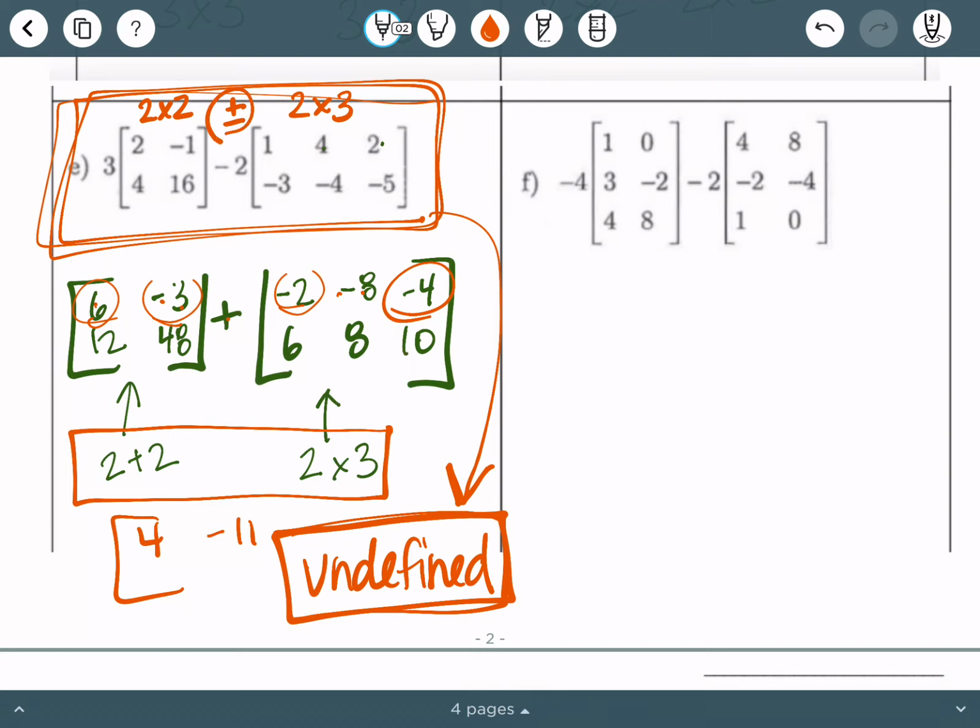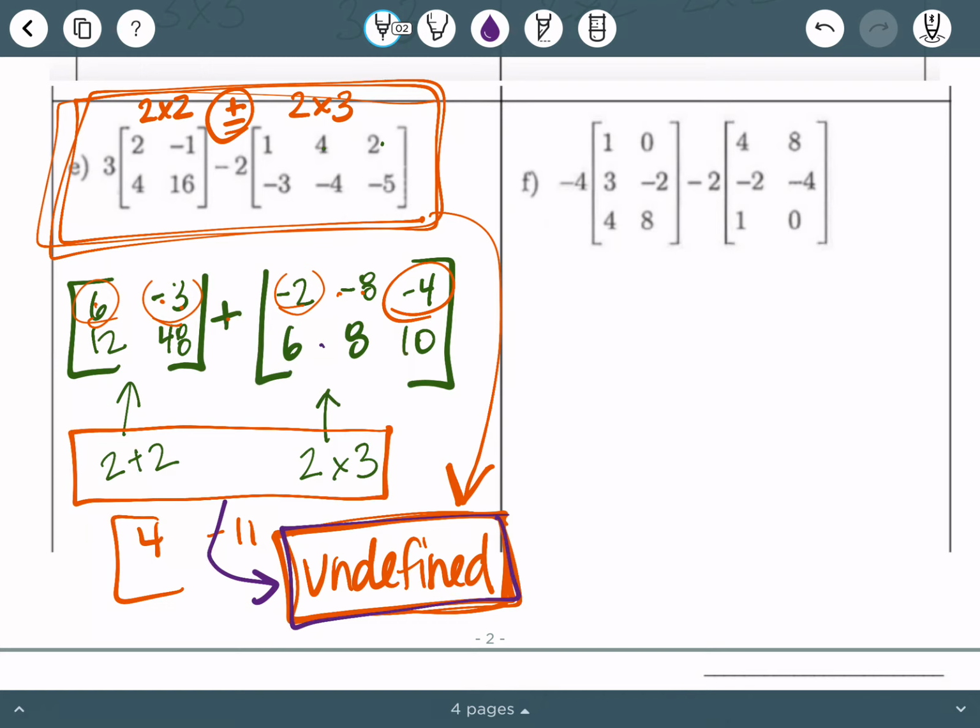Remember, with addition and subtraction, they have to be the same exact size, and they're not. So I know that my answer is going to be undefined. It's not a problem that we did it the long way because eventually we got to the same exact place. It just took us a little bit longer. So remembering your rules for undefined will help you to save some time.